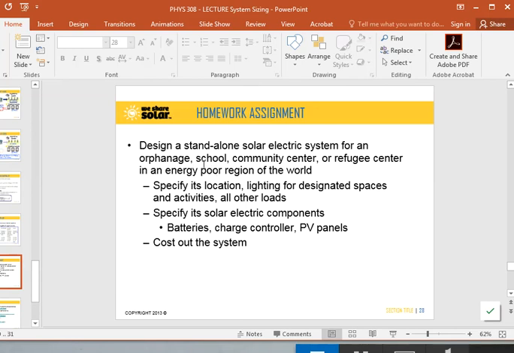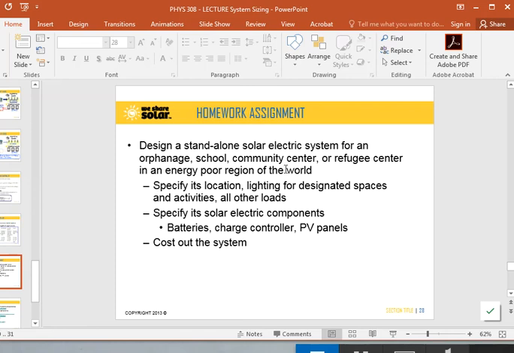It may be an orphanage, a school, a community center, a refugee center. It could be a place in the United States. It could be a tiny house, for example. It could be to help mitigate homelessness problems, right? So there are many different avenues, many different end goals for making use of these types of systems. And that's part of our work together, to see the variety of those.